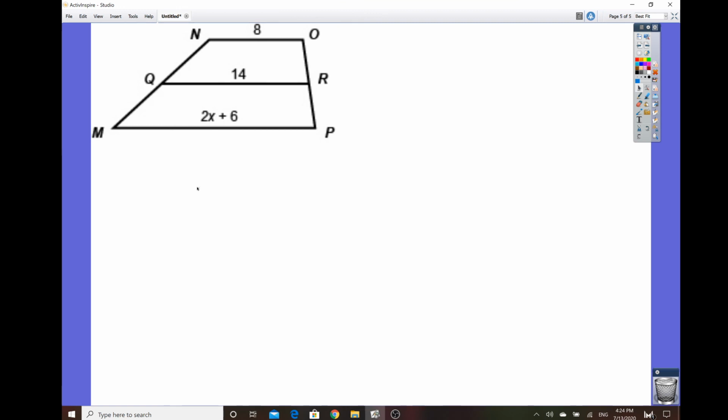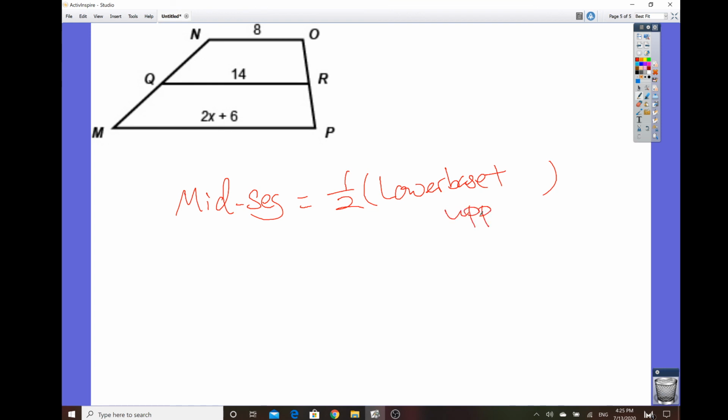Anytime you deal with the mid-segment of a trapezoid, QR is the mid-segment, because point P is the midpoint of segment MN, and R is the midpoint of segment OP. To find the mid-segment of a trapezoid, it's 1/2 times the quantity of the lower base plus the upper base.